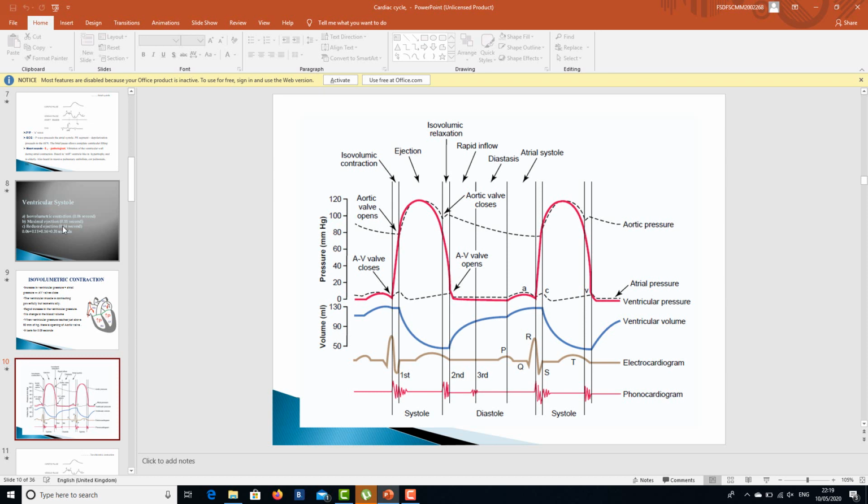So this aortic valve is going to open around 80 millimeters of mercury, and again it is going to close, so you can see that it is very much voltage dependent opening and closure of aortic valve. So this is how the aortic pressure upper dotted curve is being produced.